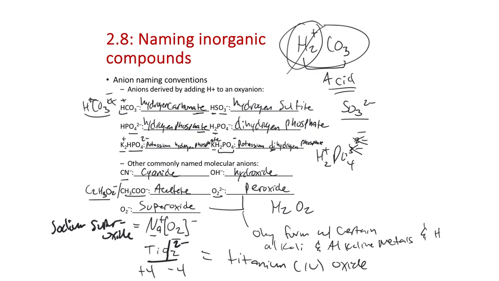So what this is going to help us with: if we see a compound containing O and ask could it be a peroxide or superoxide, it would form in a compound where you know the charge of the metal. So if you had calcium, like CaO2, and you're asking is this oxide, peroxide, or superoxide, just start with what you know the charge of, which is calcium, 2 plus, and so this would be calcium peroxide.